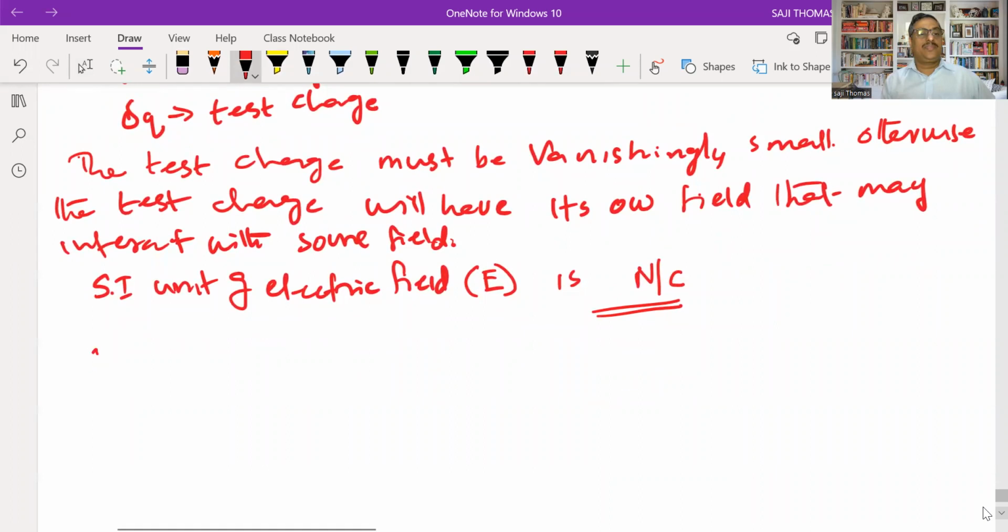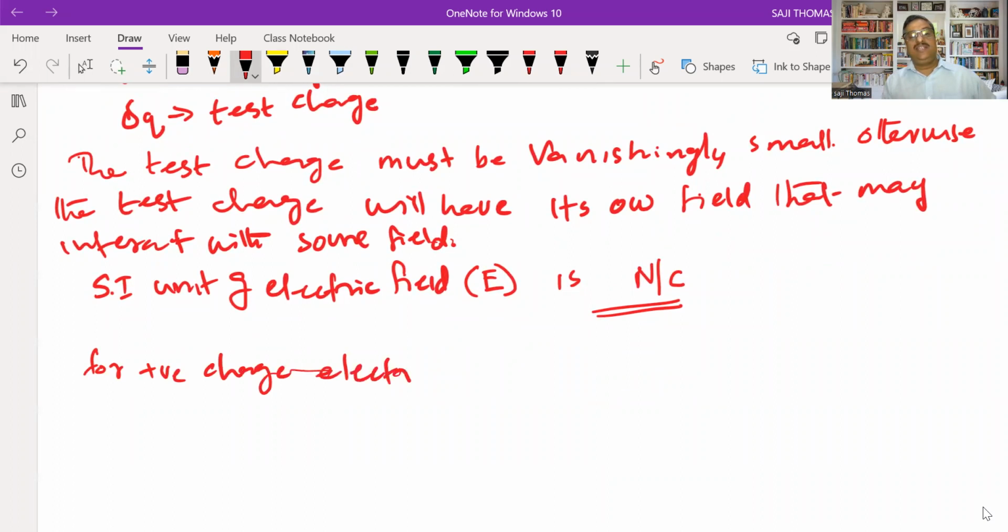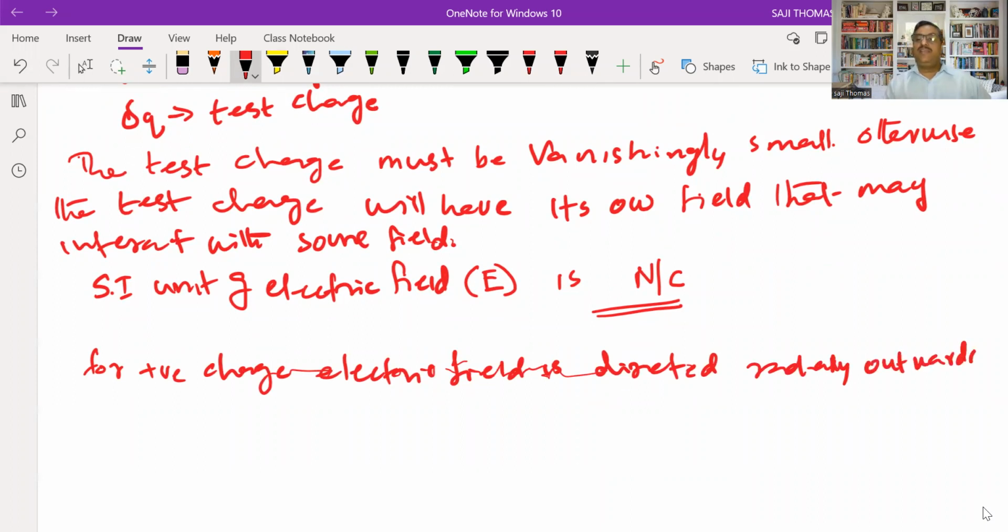For a positive charge, electric field is directed radially outwards. So electric field is pointing away from a positive charge. So this is a positive charge. Electric field direction is like this.